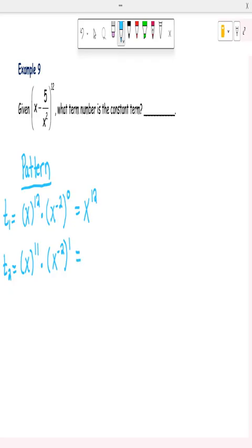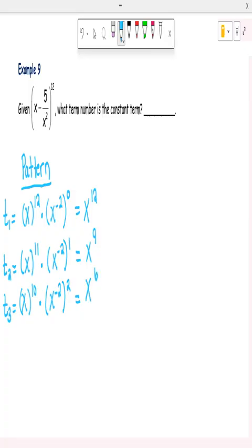So I have x to the 11, x to the negative 2, so that's going to be x to the 9. Term 3, x to the 10 times x to the negative 2 to the power of 2. So I have x to the 10 times x to the negative 4, which is x to the 6.